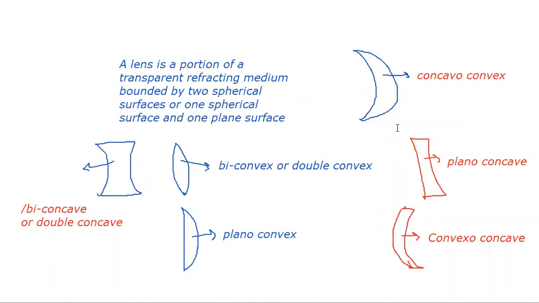Next is the action of a lens. You need to know other definitions regarding the action of a lens. Let me draw a figure, then I can explain it. I am drawing a convex lens.